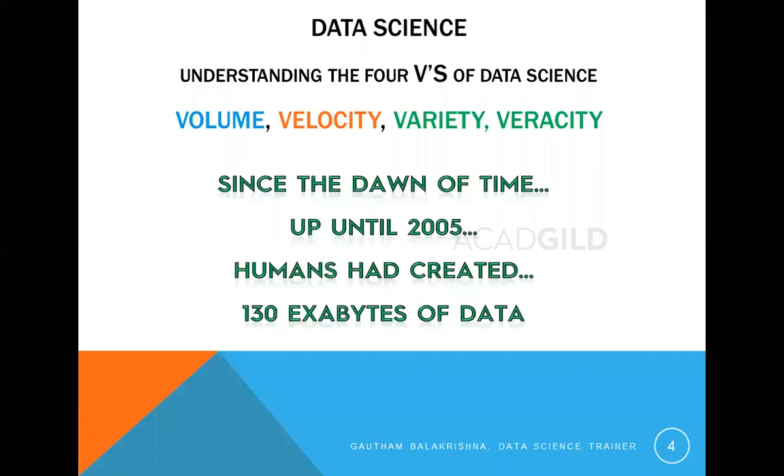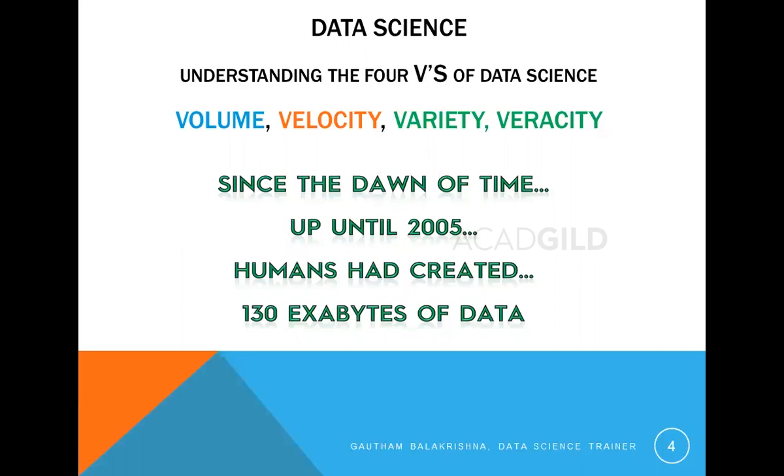So just to move further, let's try to understand what these 4 V's are that were discussed in the earlier example. So the 4 V's of data science are volume, velocity, variety, and veracity. So why are these 4 aspects or 4 V's very important for us? That's what I want to discuss. To discuss that, I want to make a statement here.